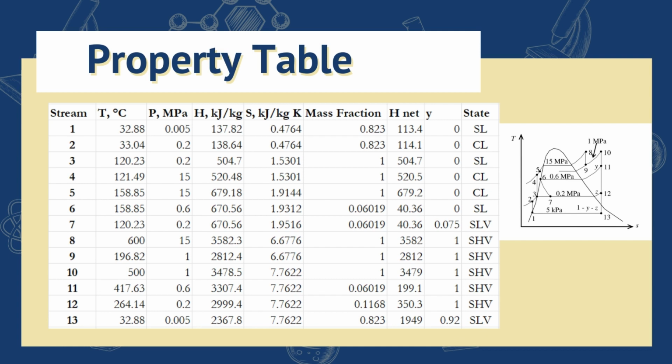From this, we can calculate the net enthalpy, which is useful for calculating the work and power. We also have the Y, which is the vapor quality, as well as the states of the water during the processes. On the right, we have the TS diagram, which shows the entirety of the process.